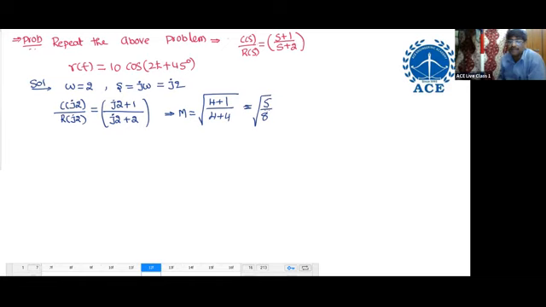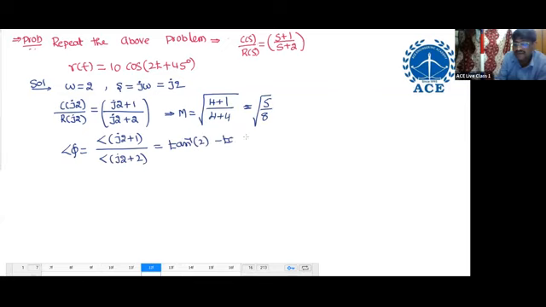Phase angle: angle of j2 plus 1 by angle of j2 plus 2, which is tan inverse 2 minus tan inverse 2 by 2.